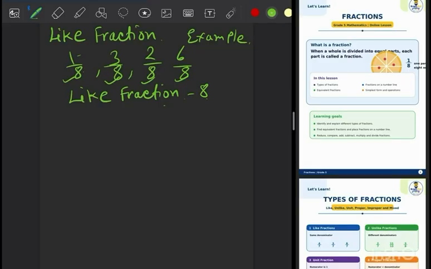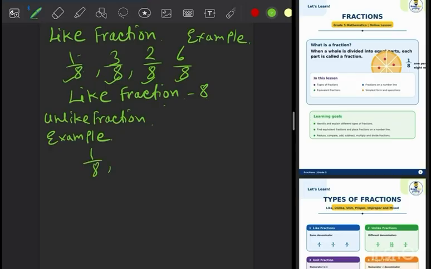Now let's understand unlike fractions. Fractions which have different denominators are called unlike fractions.